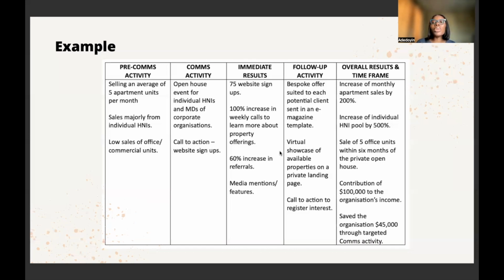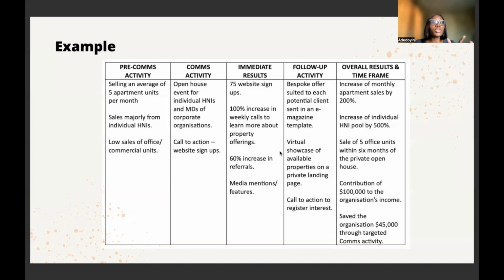So if there has now been a 200% increase, that means you can then say X percentage was contributed by the communications activity, or X percentage was linked to the communications activity. And there are ways to prove this. This is not you pulling out numbers from thin air. You can actually measure it, because again, you're tracking and you're getting the data. Another thing is maybe you have an increase in individual HNI pool by 500%.